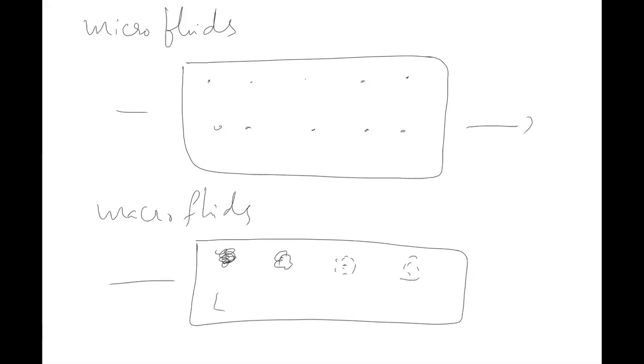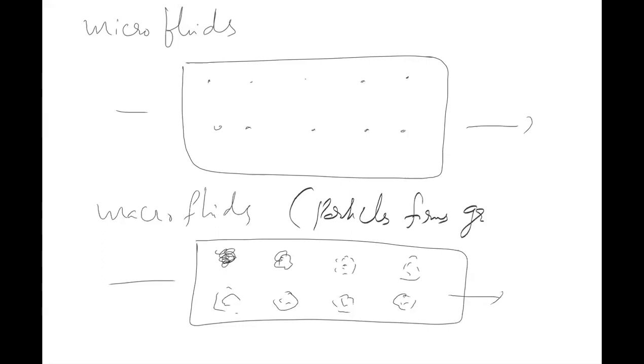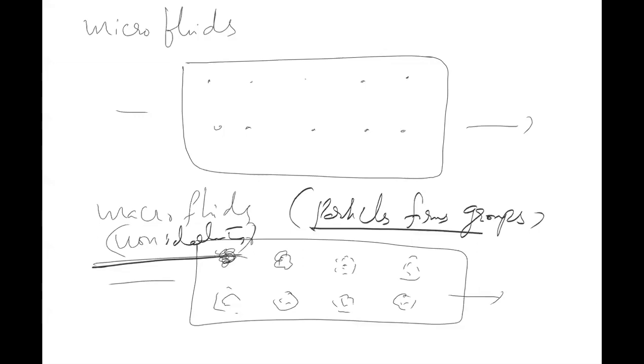That means they will behave as a group. So particles form groups. This is some non-ideality. There is non-ideality with respect to the reactor, and there is non-ideality with respect to fluids also.